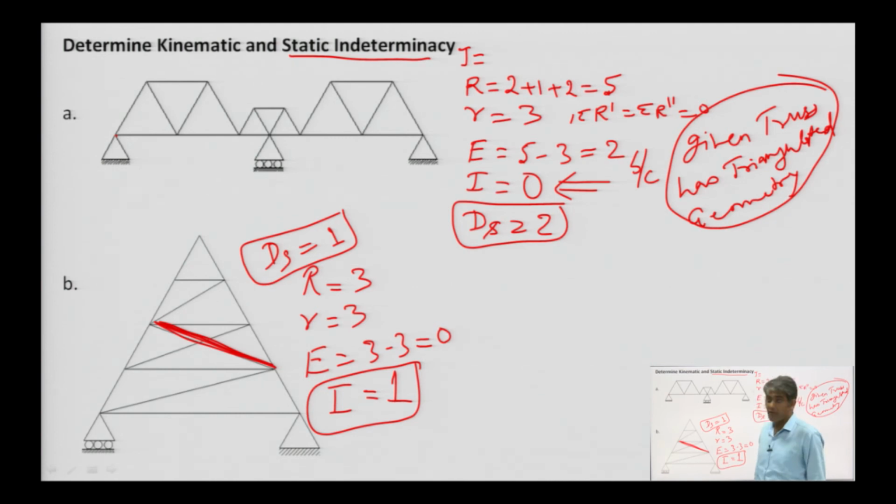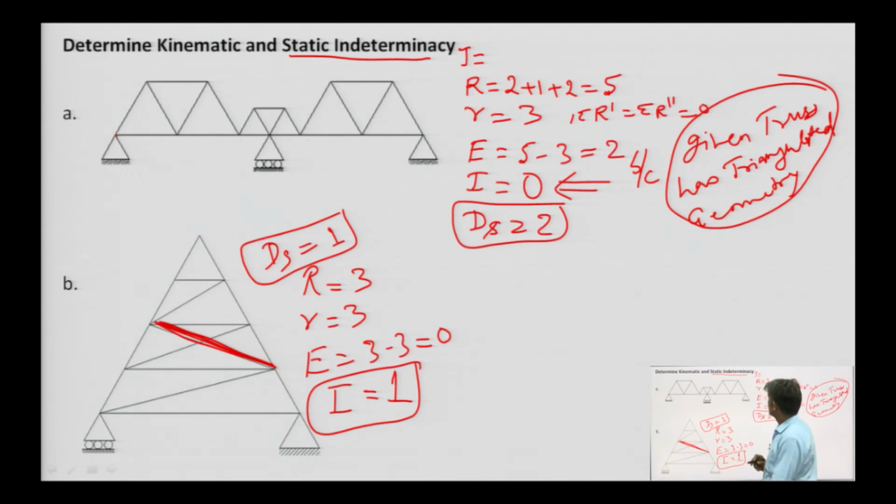Externally determinate means support reactions can be calculated with the help of equilibrium equations, but all member forces cannot be calculated. We need one more additional equation. Okay. So, this was about static indeterminacy. Let us calculate the kinematic indeterminacy for this case.